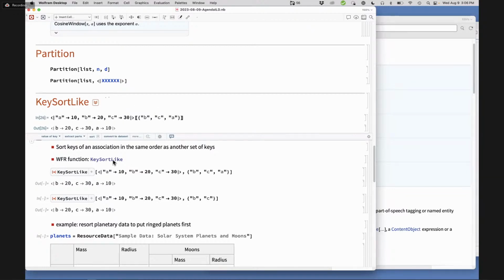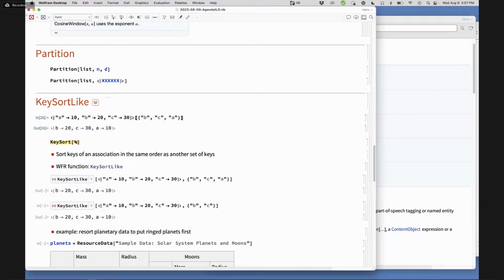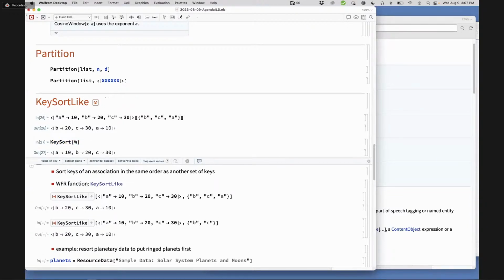But in this case, if I take this thing here and say key sort of this, I'll just get that. And I could equally well say key sort by, if I had a predicate here. I might even implement it that way, where I just thread the values in the thing with range of length. I think that might be how it's implemented.